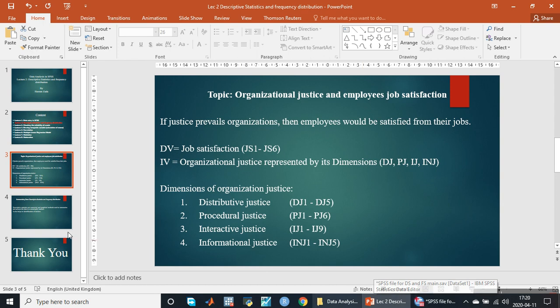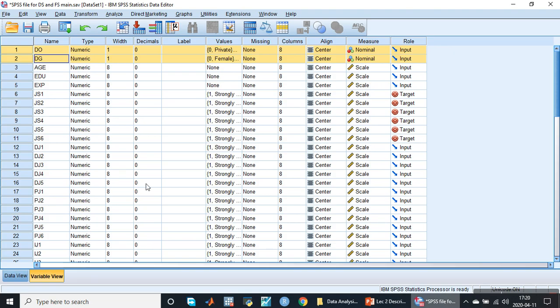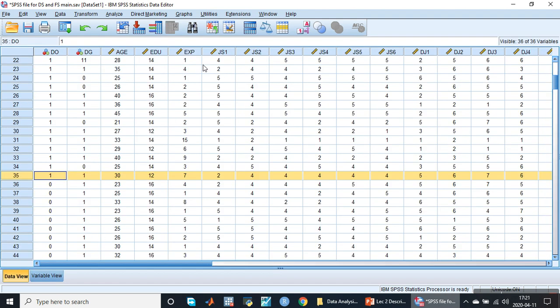Let's do the descriptive statistics for the categorical variable. First of all, we will apply it on all of the variables, and then we will understand why we need to do it separately for the continuous variables and for the categorical variables.